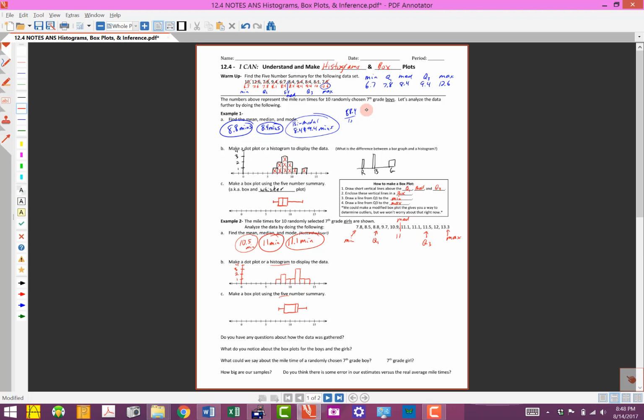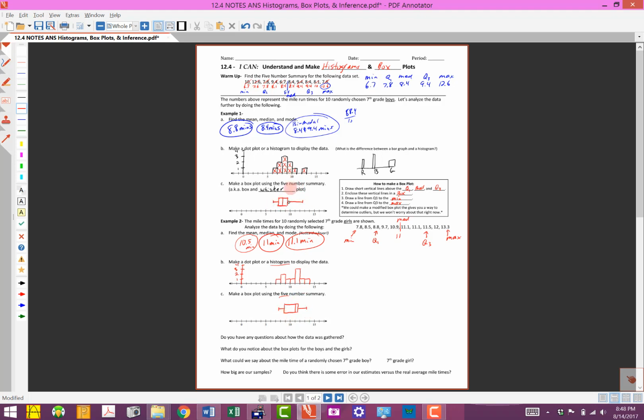It took long enough to put these charts together in example 1 and example 2, with just 10 pieces of data each. But that's how we did that, okay? So they're probably pretty good samples. The next question is, what do you notice about the box plots for the boys and the girls? So let's look at the box plots. Here's the box plot for the girls, and here's the box plot for the boys.